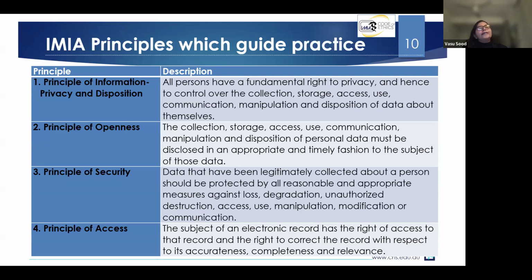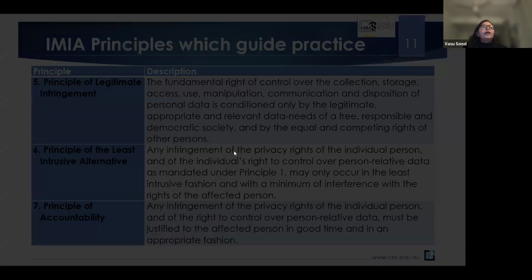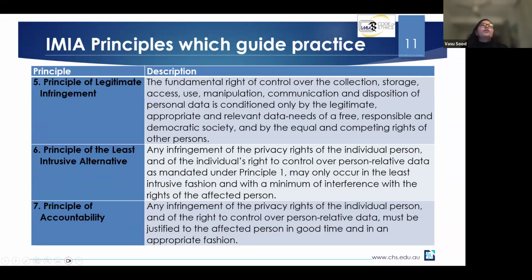Moving further to the next principle of IMIA, that is the principle of legitimate infringement. This principle indicates that privacy rights can be limited, but only when it serves a valid public interest, such as during a public health emergency, and must be justified.